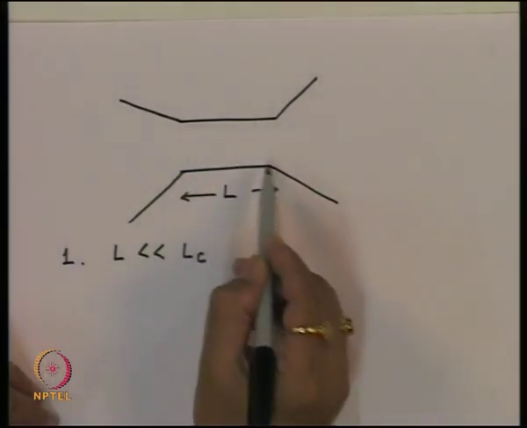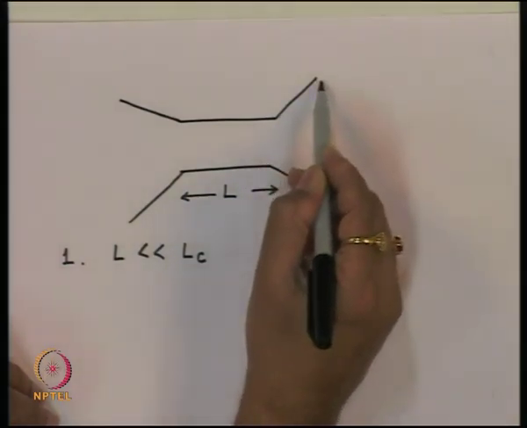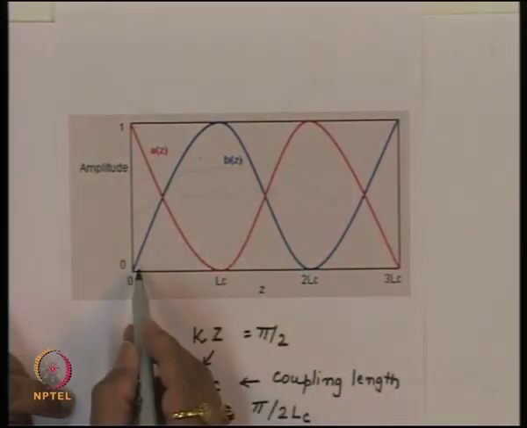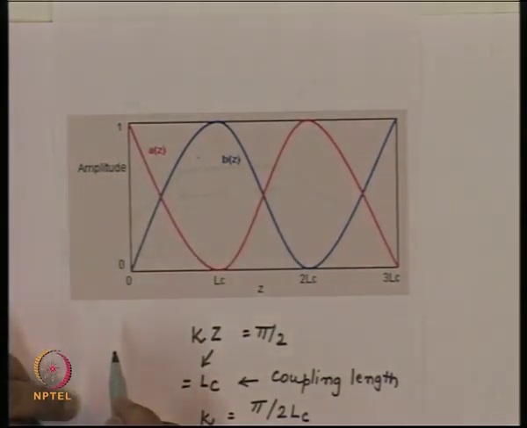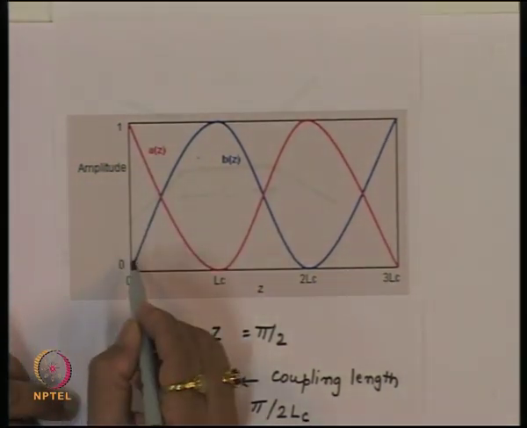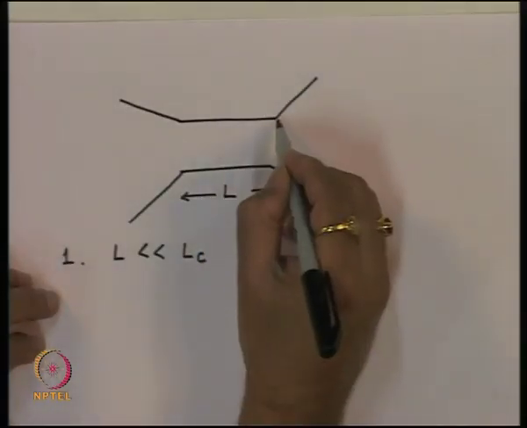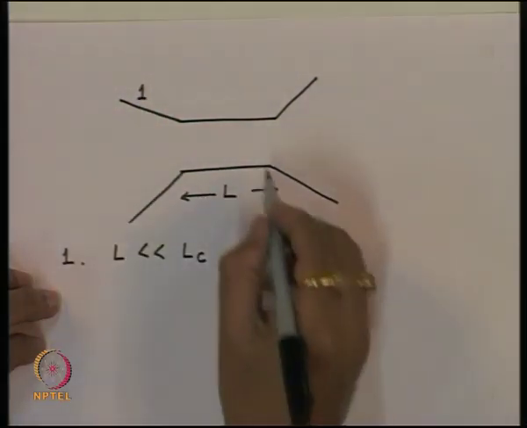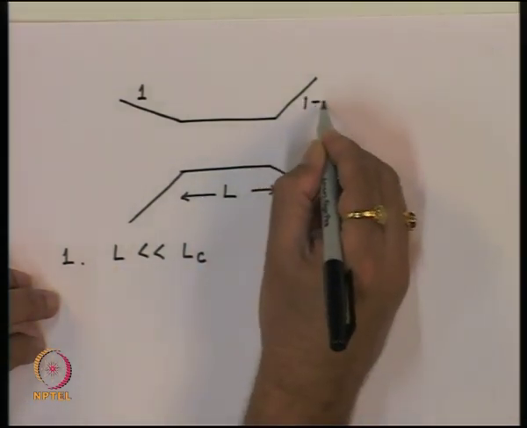In that case, a small amount of power will get coupled here, and most of the power will still remain with this. So we will be operating somewhere here, very close to this. Most of the power still remains with waveguide A, and a small amount of power has been transferred to the second waveguide. If I start with one input here, a small fraction of power A will appear here, and here I will get a power 1 minus A.